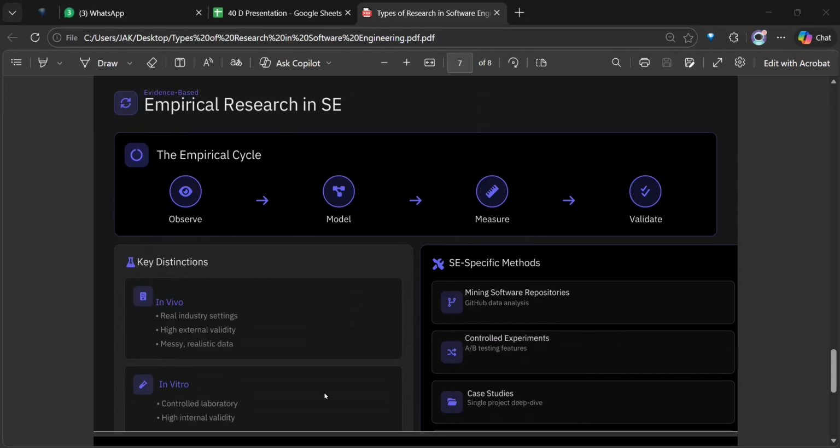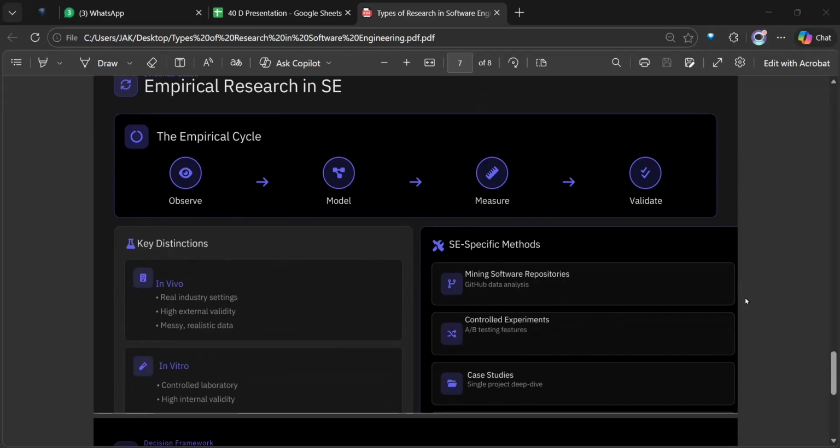In vitro means a controlled setup, cleaner data, easier to analyze. The common methods include looking at GitHub data, running A/B tests, doing a deep study of one project, or surveying lots of developers. This is how we can make sure of it. So this is what makes software engineering feel like a real science.